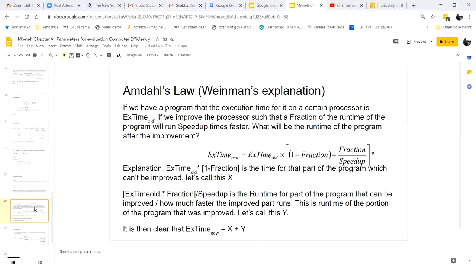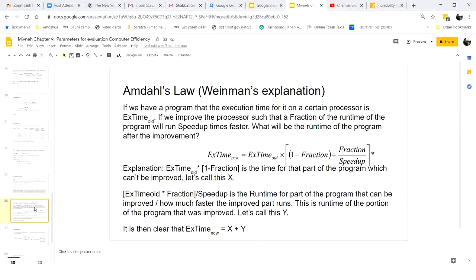If we have a program whose execution time on a certain processor is execution time old, and we improve the processor, or you could imagine adding another processor, either way it's getting processed faster, such that a fraction of the runtime of the program will run speed up times faster, well, that's kind of what we just said. What will be the runtime of the program after the improvement?